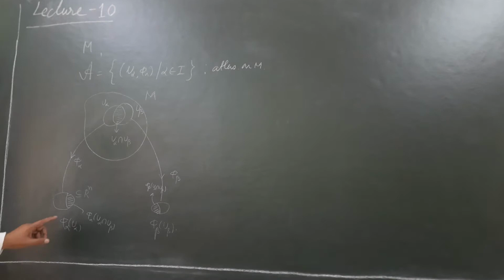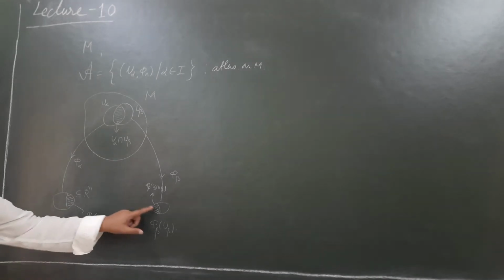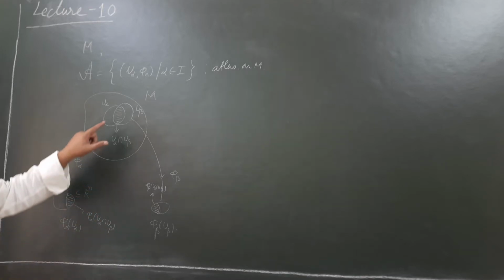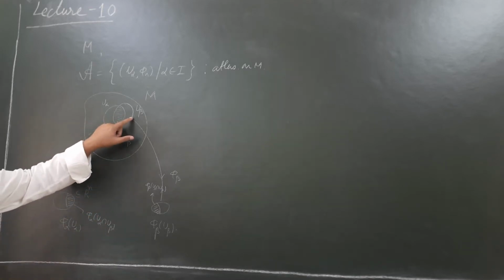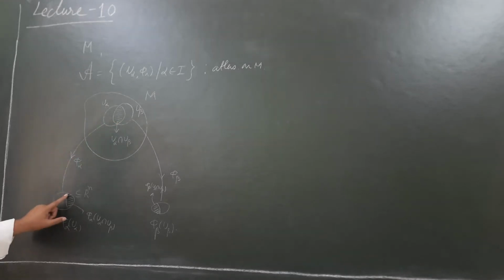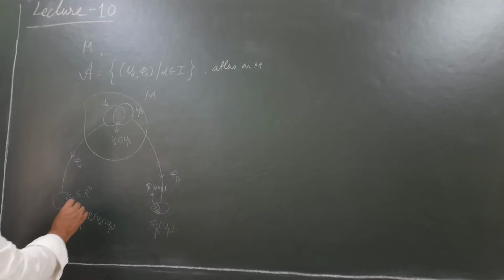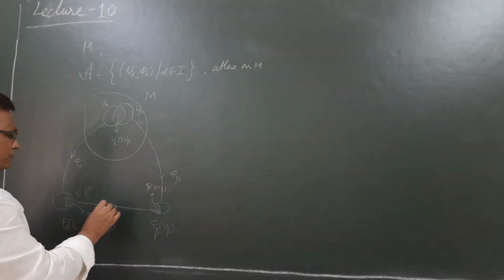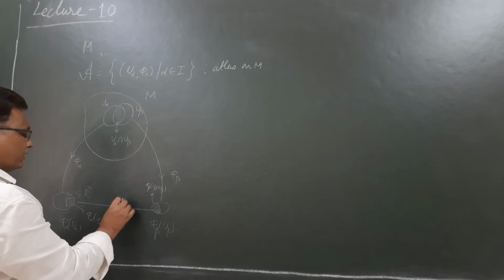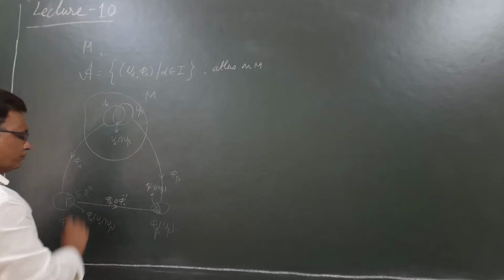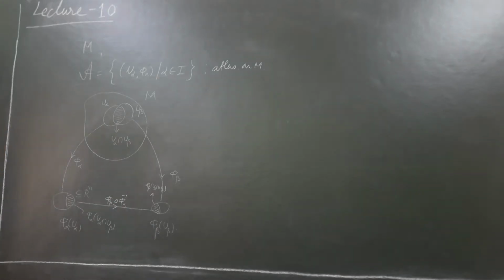Notice that phi_alpha(U_alpha intersection U_beta) as well as this one, both are open subsets of R^n, because the intersection of two open sets is open, and a homeomorphism takes open sets to open sets. So, automatically I get this map, which is phi_beta composition phi_alpha inverse.